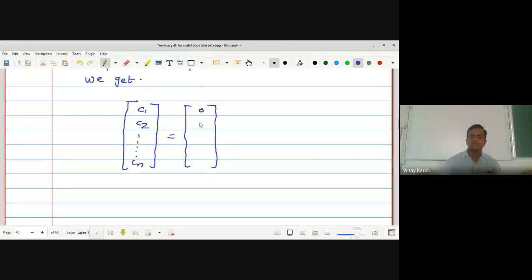So here we get 0, 0 up to so on 0, which implies C1 is equal to C2 is equal to up to so on Cn, which is equal to 0.